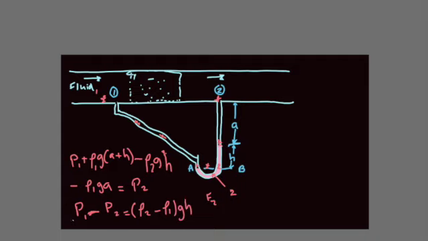And so this turns out to be our equation to find the pressure difference across this obstruction. And so that's how we use a manometer.